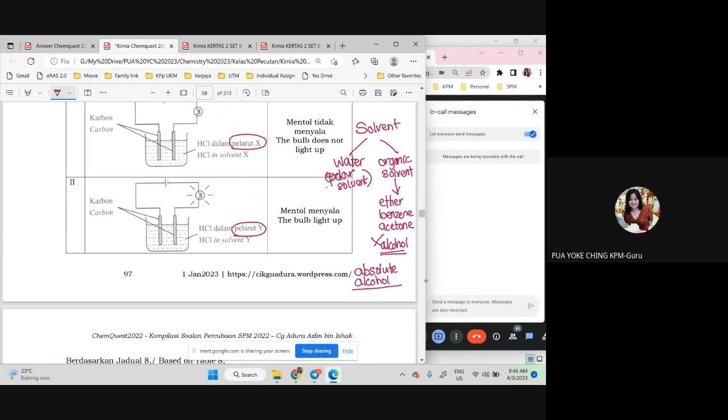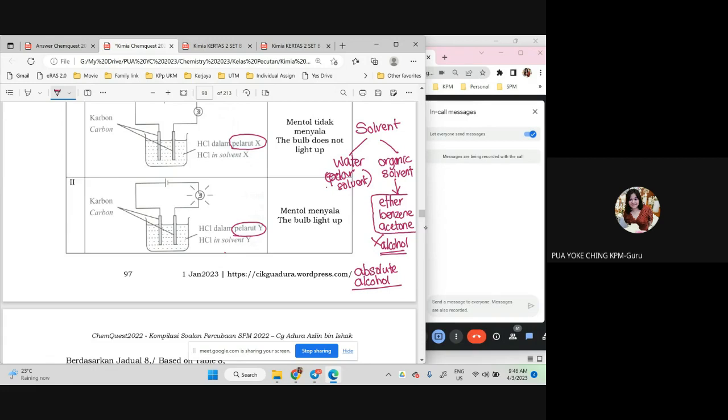Absolute alcohol maksudnya alkohol yang 100% alkohol tiada air. So tak payah begitu susah. Kalau dia tanya organic solvent, so you bagi organic solvent contoh-contoh ni. Okay, ether, benzene, acetone. Dah ada 3. Actually 1 pun dah cukup. So kalau nampak soalan yang ada solvent, your answer must come from these 2. 1 mesti air, 1 ialah organic solvent lah.